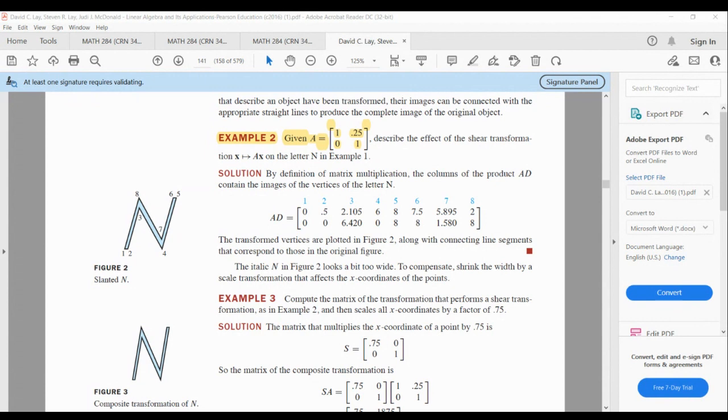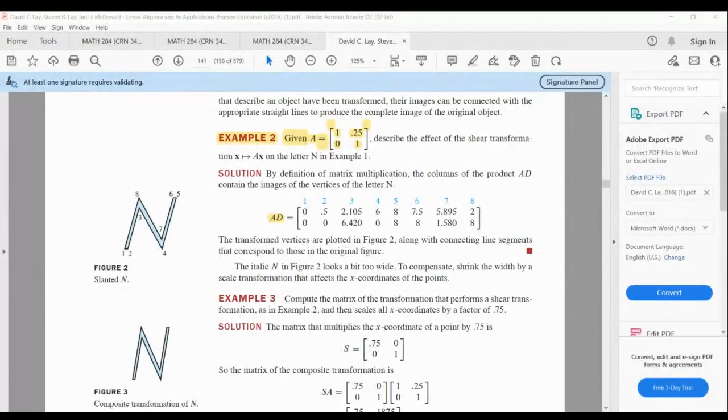Describe the effect of the shear transformation on the letter N. In the solution, they multiply the matrix A by the matrix D, and then you get these vertices here. Now, some of the vertices didn't change. Which vertices were unaffected by this transformation?